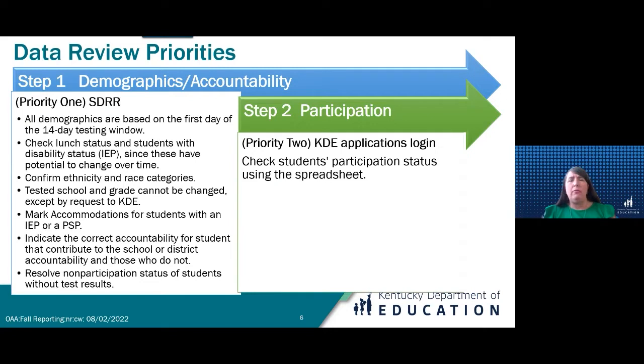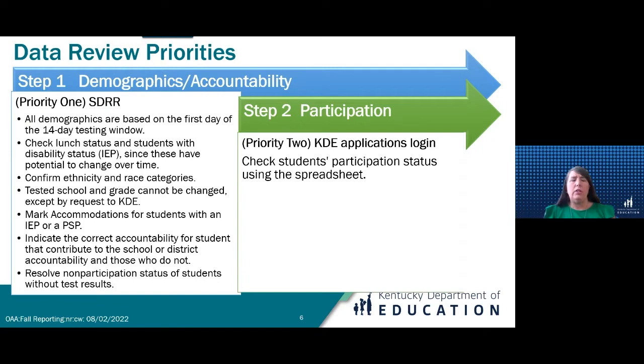And then you always want to check the lunch status and your students who have disability status, for your IEP students, since these have potential to change over time. Also, confirm your ethnicity and race category, because that's going to be very important when it comes to QC day and looking at your scores.